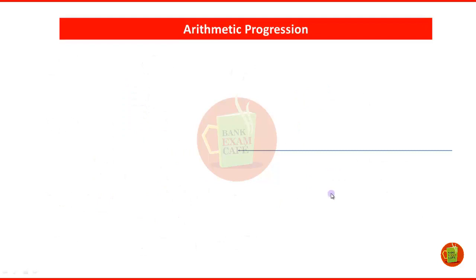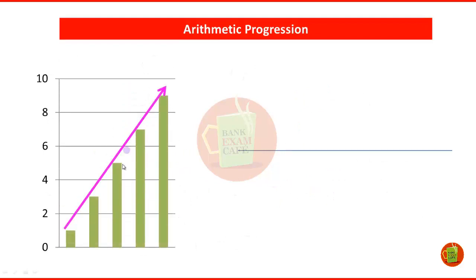Now go to the next figure. See this chart. Here the first bar is of 1 centimeter. Second bar is of 3 centimeter, third bar is of 5 centimeter, fourth bar is of 7 centimeter, and the next bar is 9 centimeter.